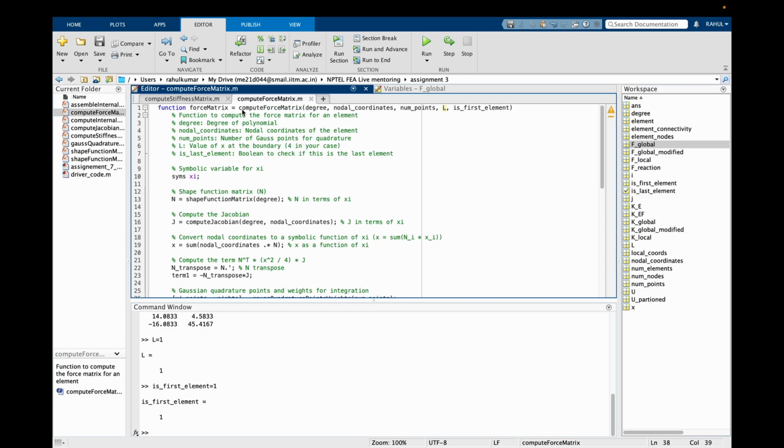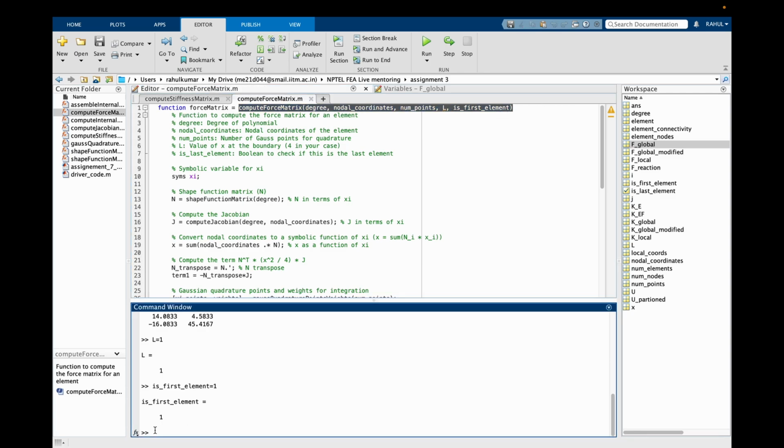Any doubt till this point? Tell me. What is L here? 1, right? First element, yes. Here we got 52.333 minus 2.